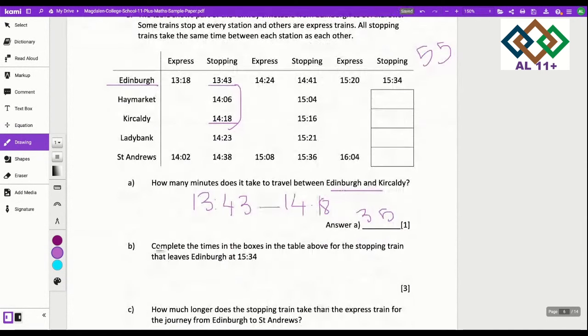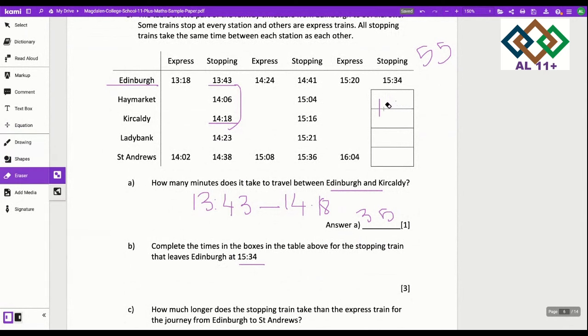And now they are saying complete the times in the boxes in the table above for the stopping train that leaves Edinburgh at 13:34. If you look at that, we have to complete the table now. It's 55 minutes in all of them. So your next will be 1609, and after that, sorry, the first one won't be 1609.